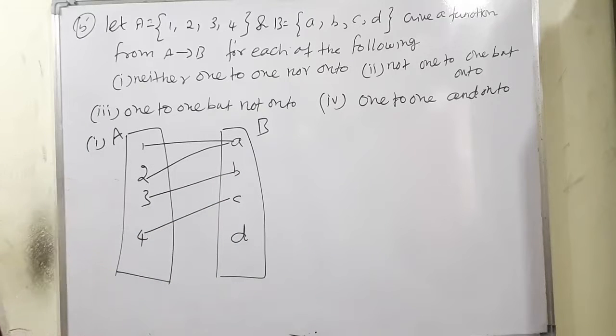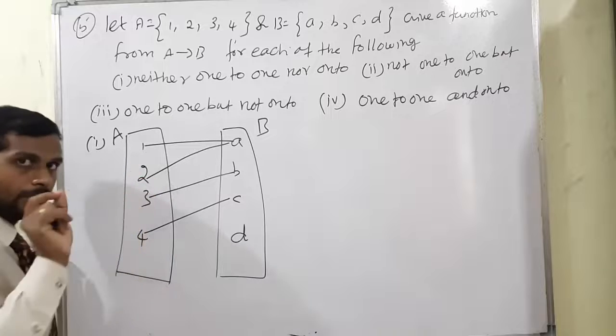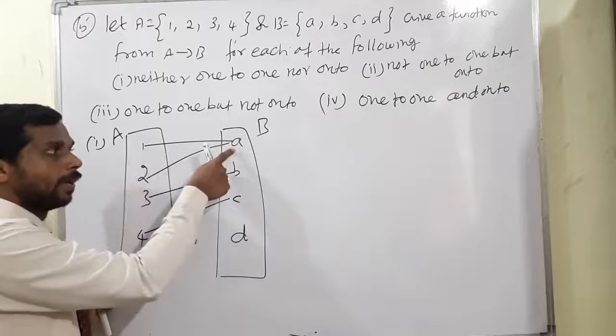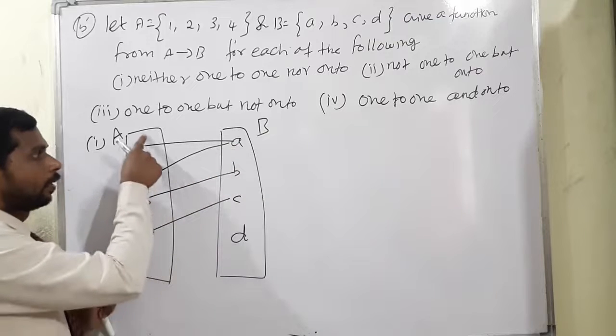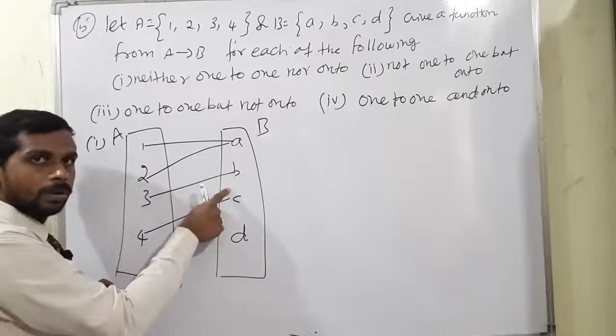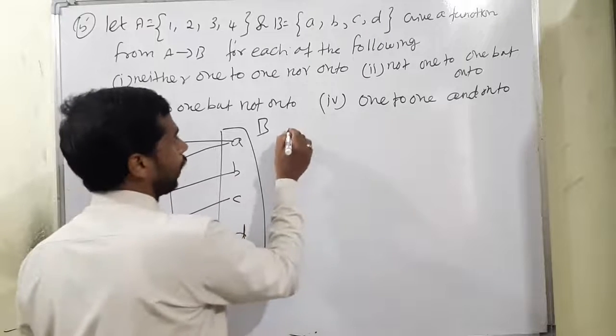The condition says neither 1 to 1, so we can say it is not 1 to 1. What is the definition of 1 to 1? Different elements of A have different images in B. Here actually two elements have the same image in B. That's why it is not 1 to 1. So how to finish the line?